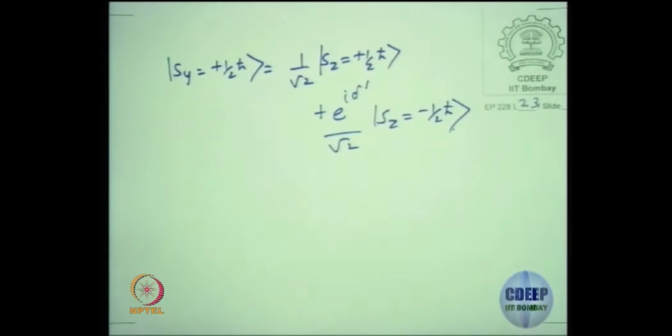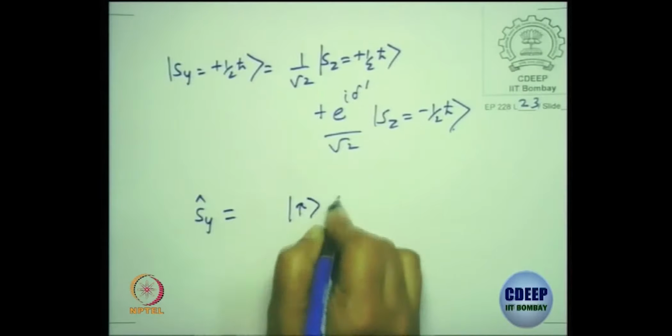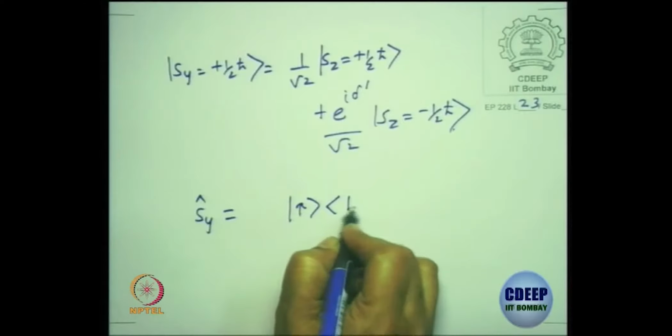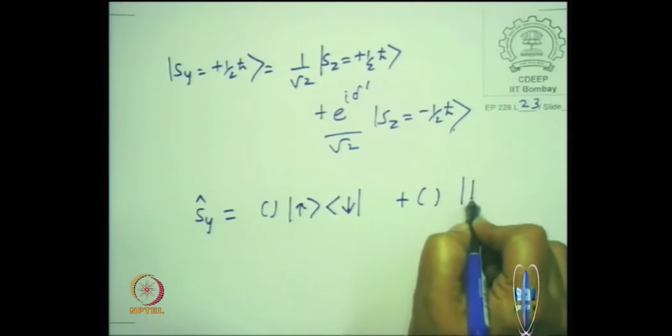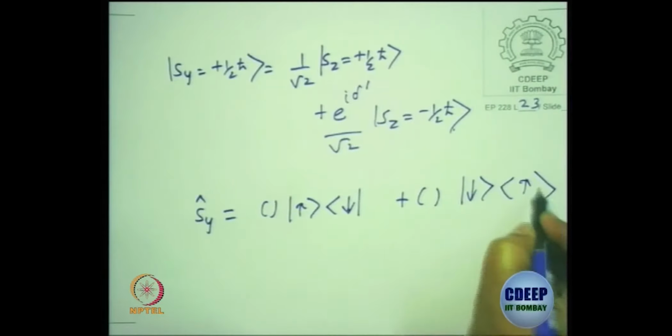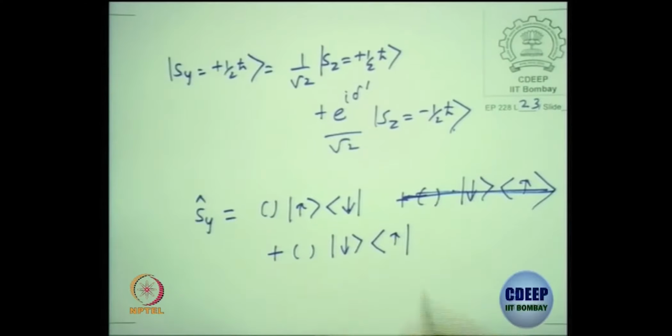I can do this. The way I wrote it for the Sx states in terms of the eigenstates of Sz, I can also write Sy states in terms of the eigenstates of Sz. And do the same things the way we did and fix what the Sy operator is. Again it will be up, down with some coefficient, and with another coefficient, down, up. Okay.